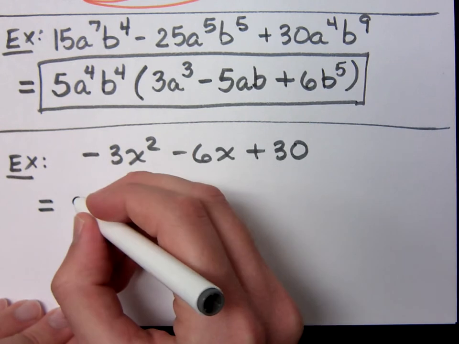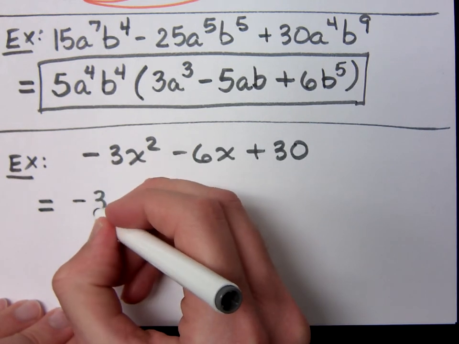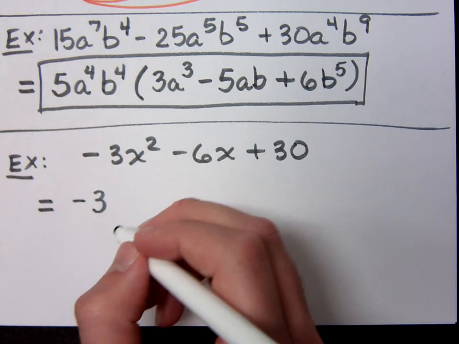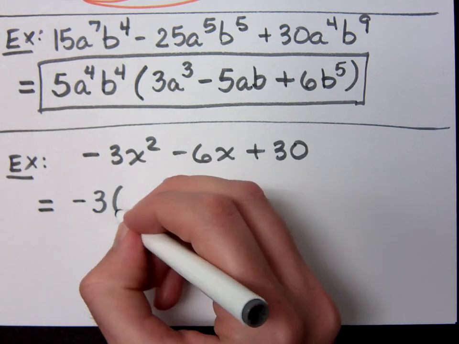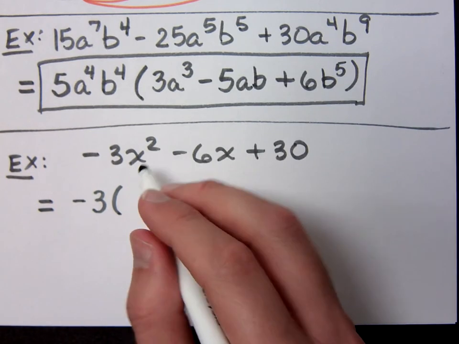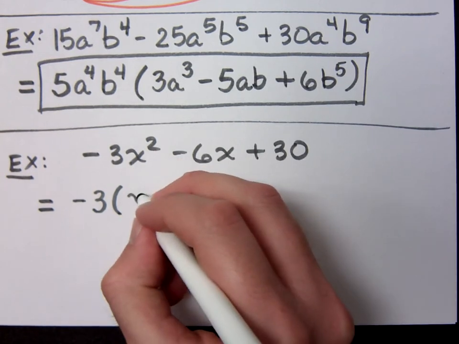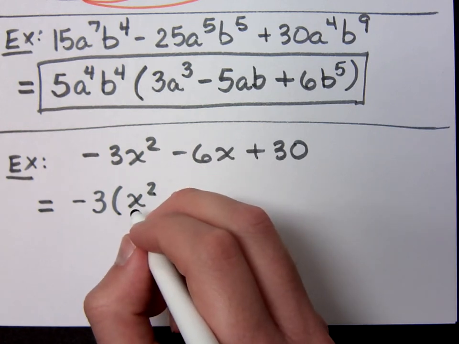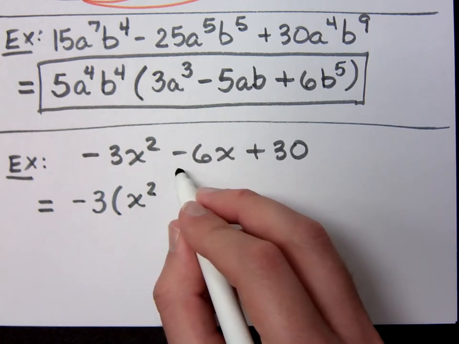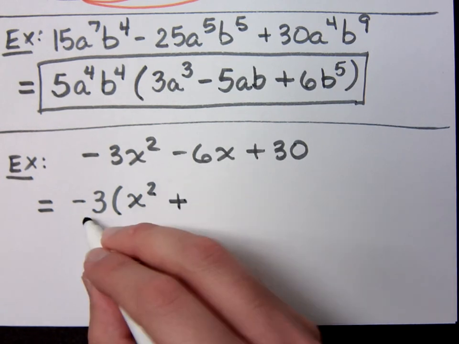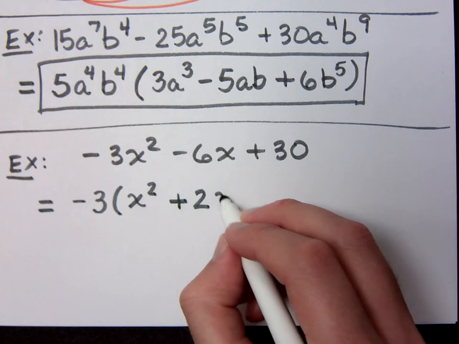So if we take out a factor of -3, what about x's? No, not everybody has an x. So take out the -3 from -3x squared, what do you have? A positive x squared. And -6 divided by -3 is positive 2x, so it's plus 2x, and then what?